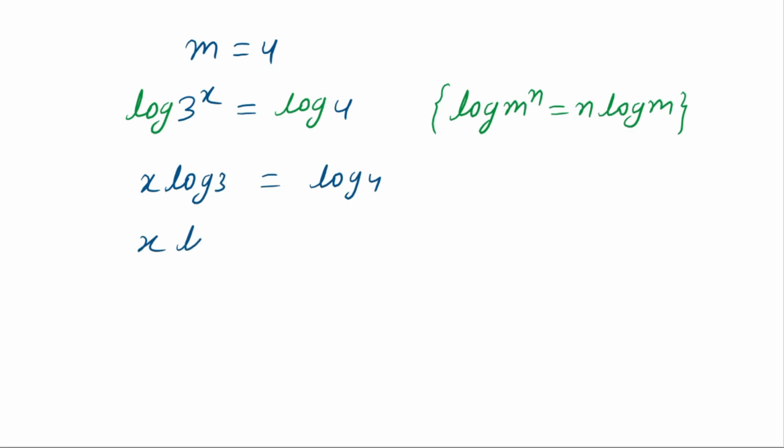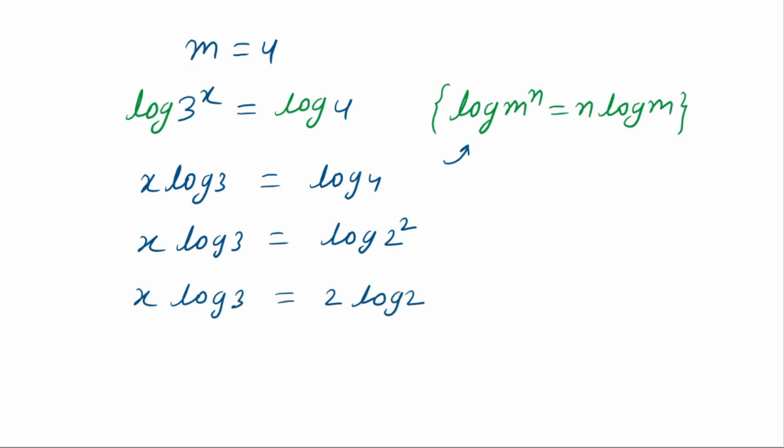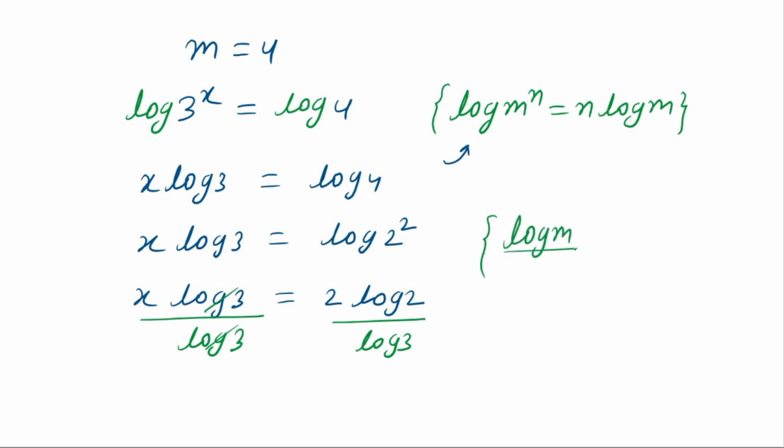Now x times log 3 = log 4, which is the same as log 2^2. On the right-hand side if we apply the rule again, x times log 3 = 2 times log 2. Now if we divide both sides by log 3, the log 3 cancels out on the left. On the right-hand side we apply the rule log m over log n = log m with base n.